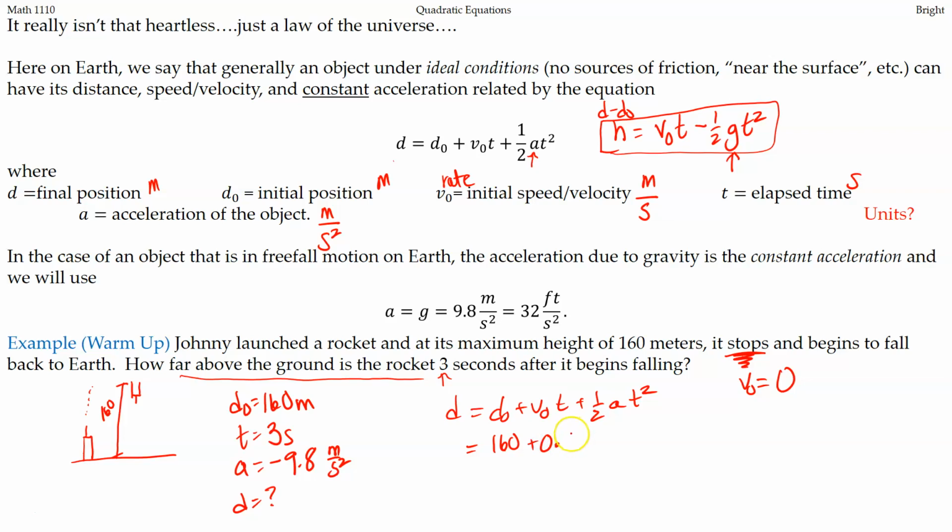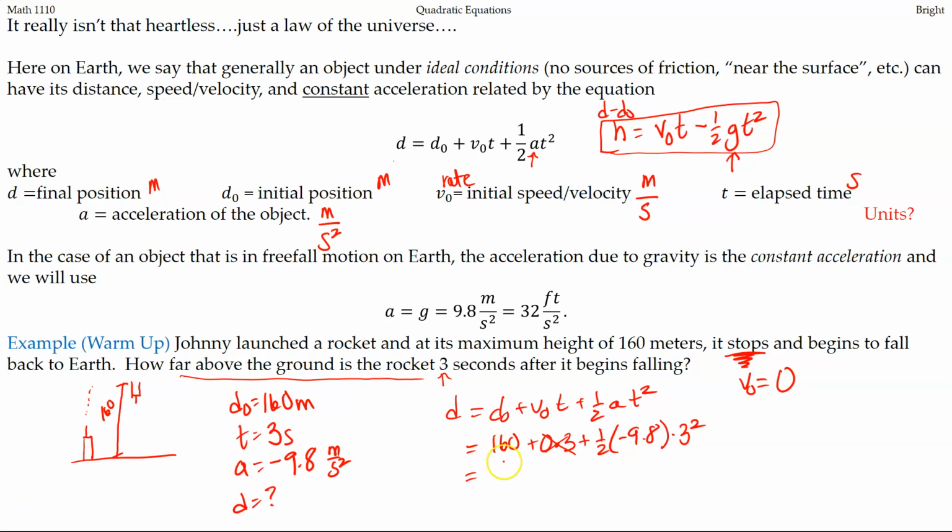So 0 times 3, plus 1/2, and A is negative 9.8, times 3 squared. Now I have to get out a calculator, so I would do 160, and that's all 0, and then I have to do this math. I punch this in a calculator and double check my work.